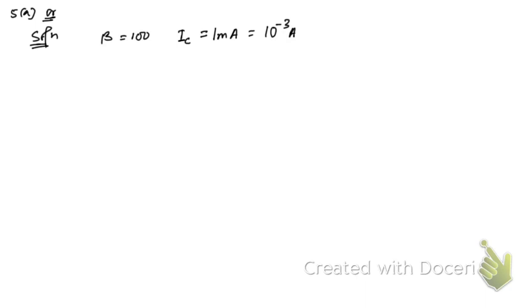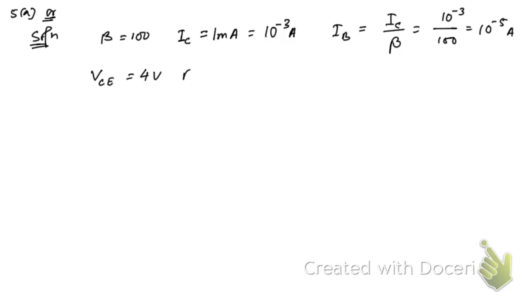Also let me find IB, and IB is equal to IC by beta. IC is 10 to the power minus 3 by beta 100, so that's 10 to the power minus 5 ampere. Also VCE is 4 volt and RC, the load resistance, is 2 kilo ohm, so that's 2 into 10 to the power 3 ohm.